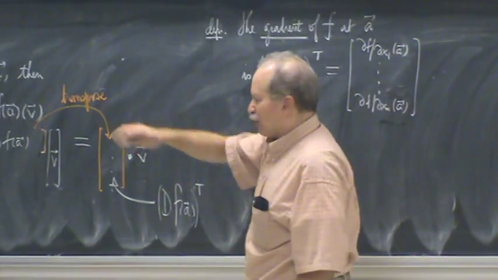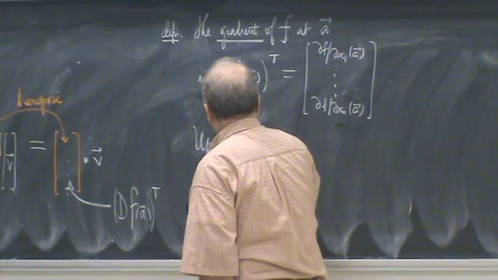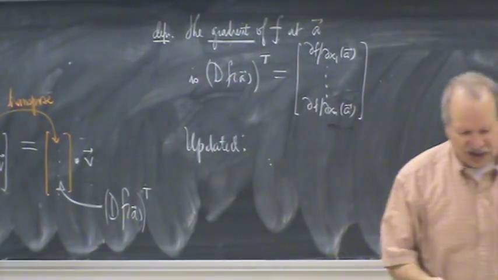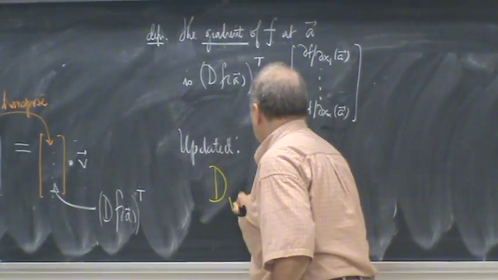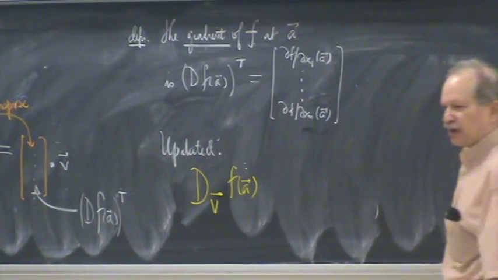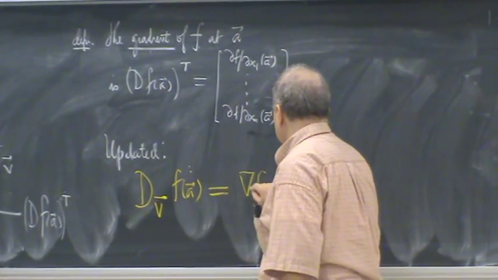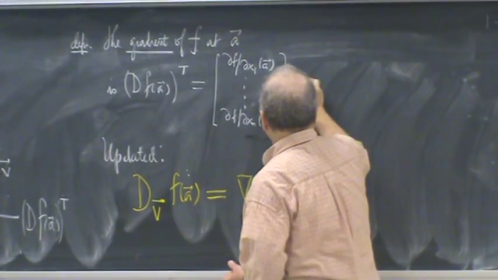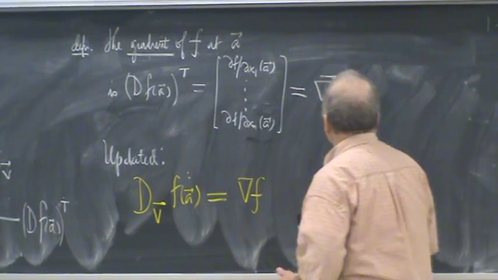We're assuming f is differentiable. Then we have our updated formula, which says that the directional derivative of f in direction v at A is the dot product of this vector, which is called the gradient, and written with a nabla.